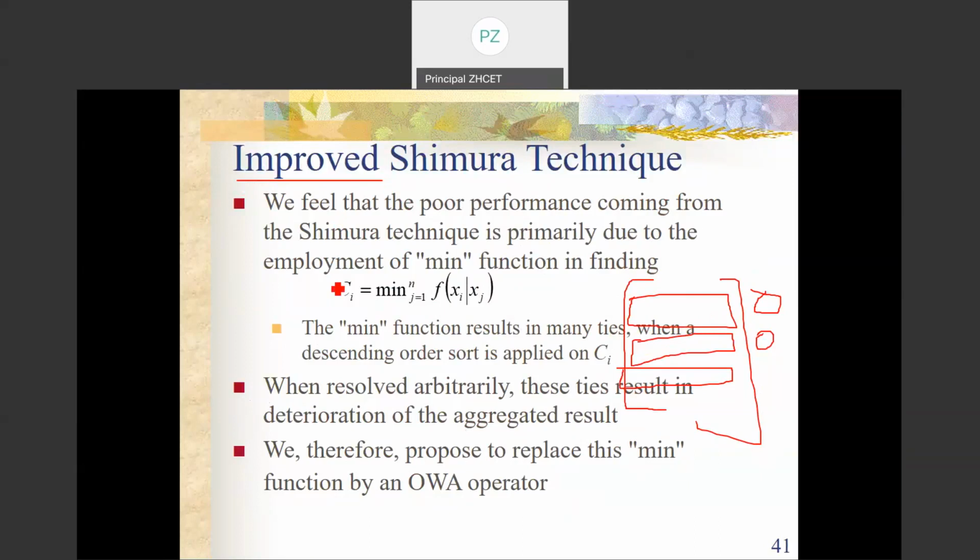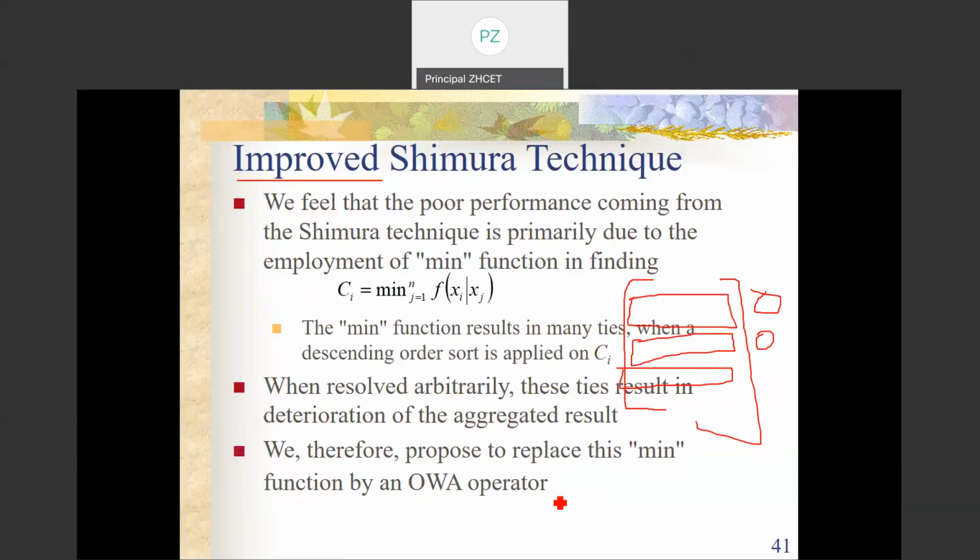The min function results in many ties, and not only ties, but it also loses the useful information amongst the remaining elements, arbitrarily resulting in deterioration of the aggregate. We therefore propose to replace this min function by an OWA operator.